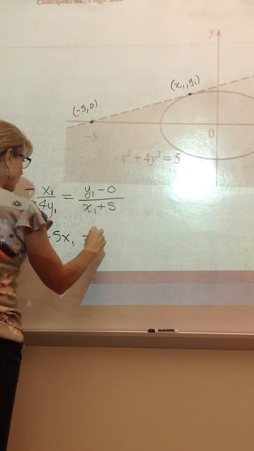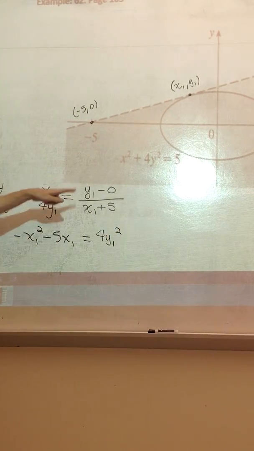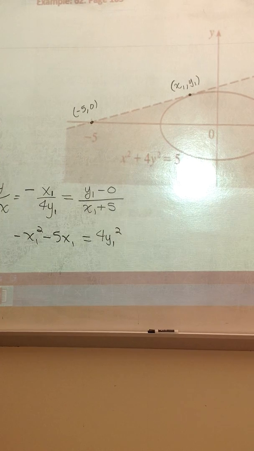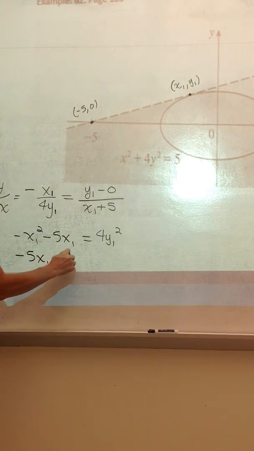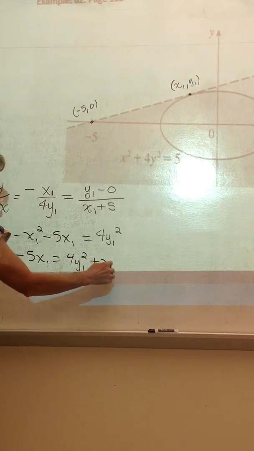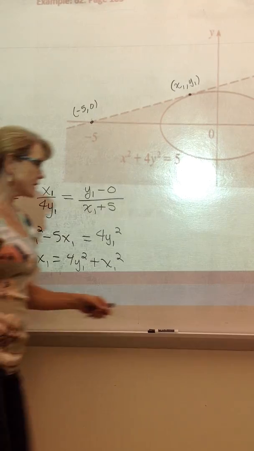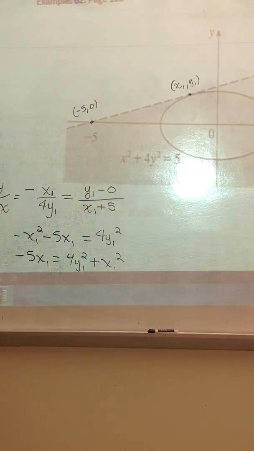And then I will get 4y1 squared, and then the 0 we can ignore. So then that can be written as negative 5x sub 1, 4y sub 1 squared, plus x sub 1 squared. And, hang on, I'll back up for a minute.